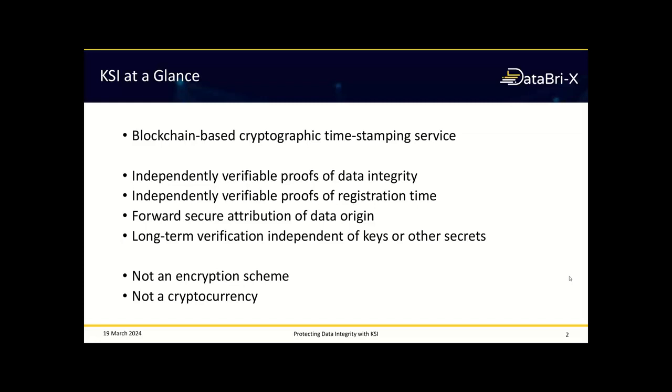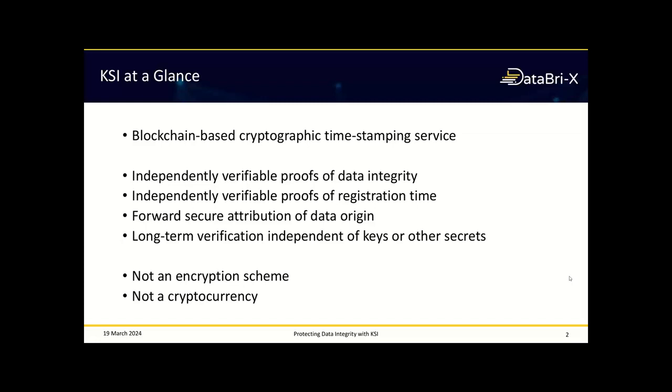A cryptographic timestamping service aims to provide proof of time and integrity of some data. KSI in particular provides independently verifiable proofs of data integrity. When a data item is timestamped, the timestamp can later be used to prove that the data has not changed since it was timestamped.